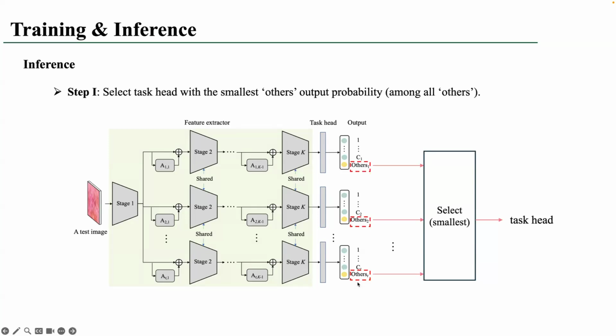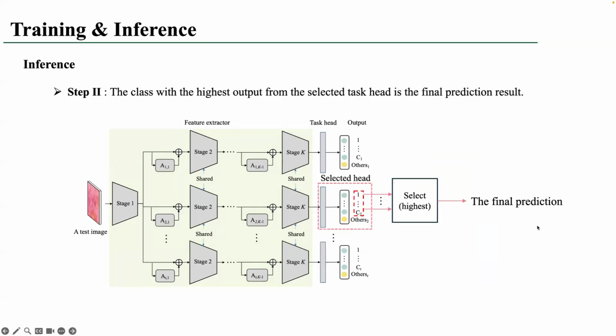We select the task head with the lowest others probability. Step 2, within the selected head, we choose the class with the highest probability as the final prediction.